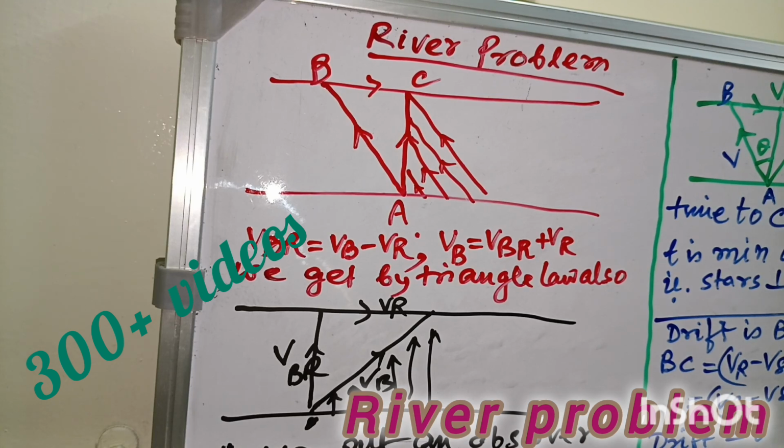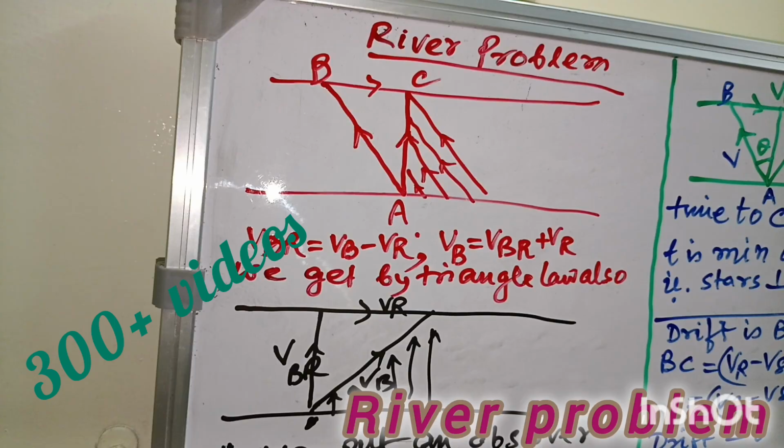Now, we can also do this: if we want to find the velocity with respect to river, let that observer at A move in the direction of river velocity with the same velocity as river. So in that case, by these slanting lines, you see, as the person proceeds with the river, he sees the boat behind him, so that all the slanting arrows give the respective position of the boat on different positions.